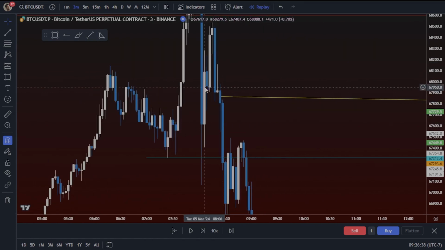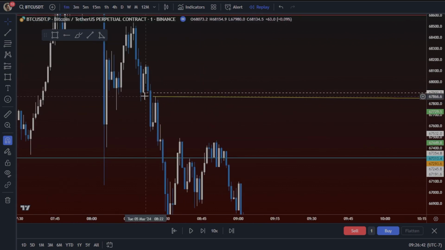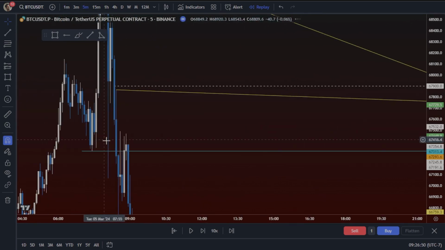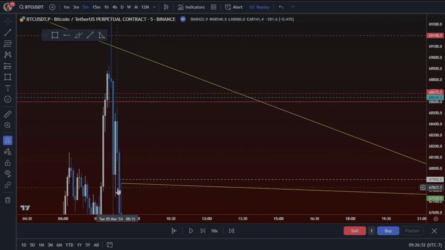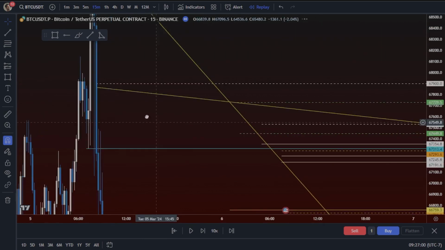Hit that level. Backside, range trend. That's your level. That's where I'm going. 67.9. No questions asked. It does everything I want it to. It hits 5-minute untested there. Yep. It creates a second, let me double check that.